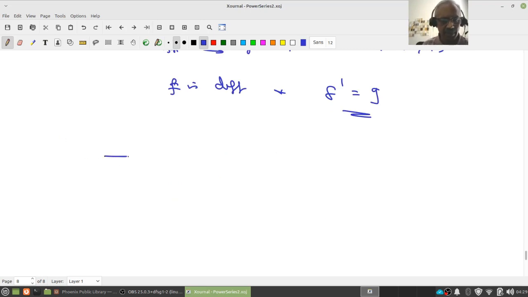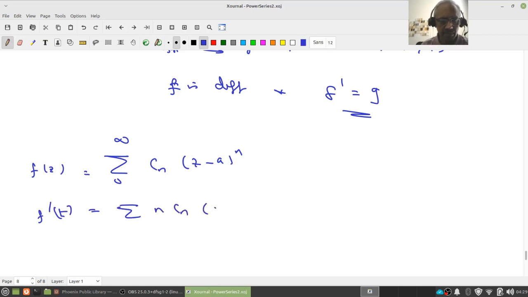I have proved that this series, the sum of Cn z minus a to the power n, is uniformly convergent and its derivative is the sum of n Cn z minus a to the power n minus 1.